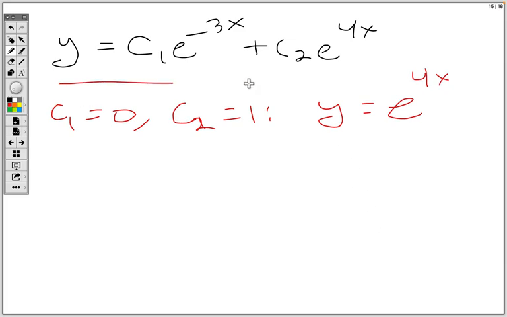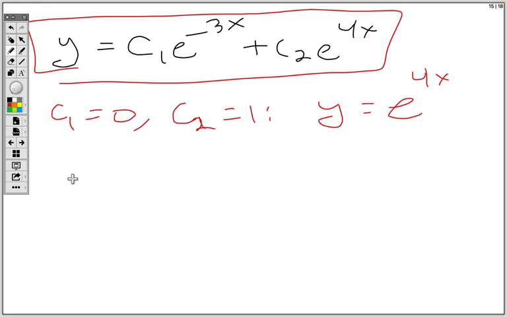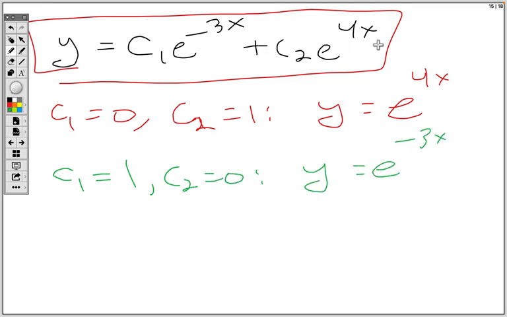So when you have a linear combination of two functions, you always recover the individual functions. You can choose c1 to be 1 and c2 to be 0. You can always recover the original building blocks there. Okay, so the original functions will always be specific cases of the linear combination, so it includes them.